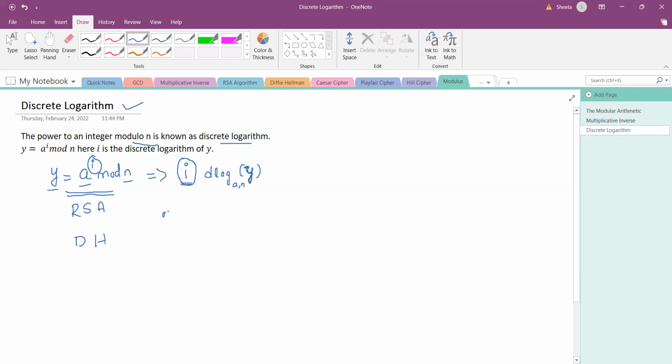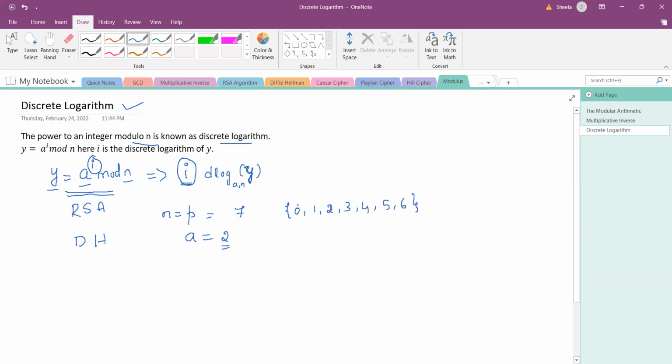So here, suppose n represents a prime number, let me consider the prime number as 7, and a represents the primitive root. Suppose a is equal to 2. Then I have to generate all the elements 1 to 6, using the primitive root.